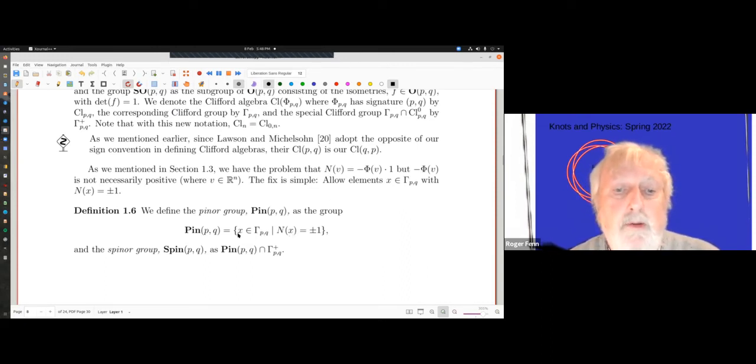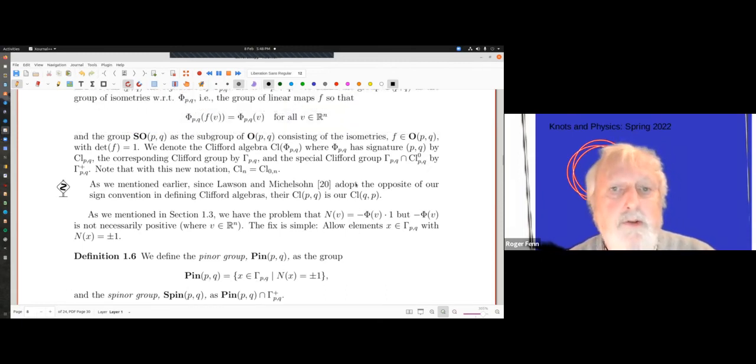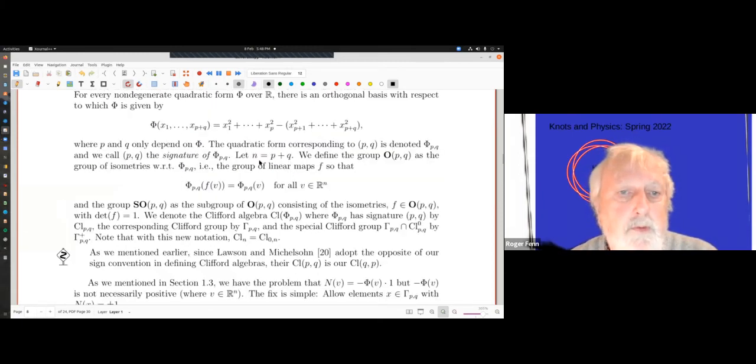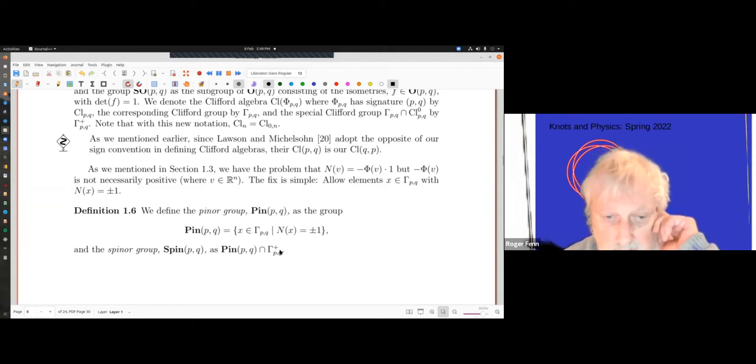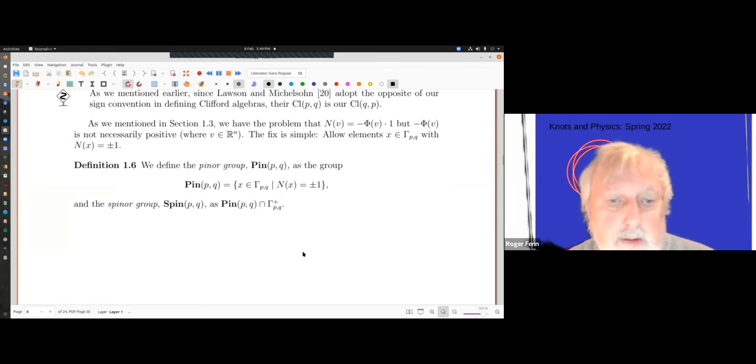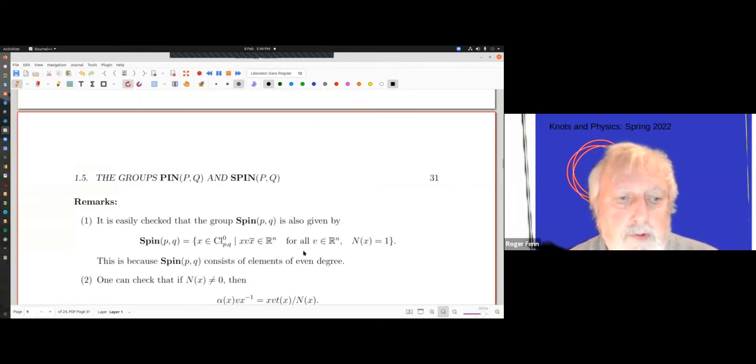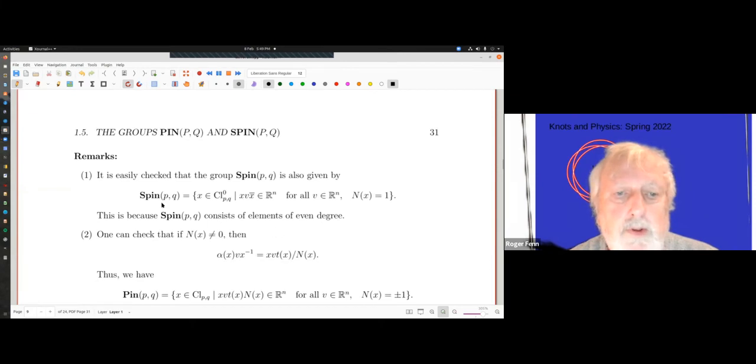Remember the algebra has n generators, this quadratic form here, and the norm of x is ±1, and of course the spin group will be this, where this is the even part.